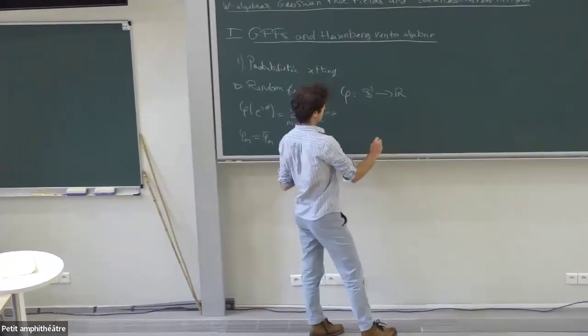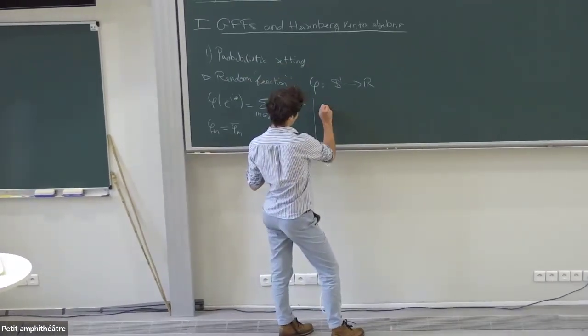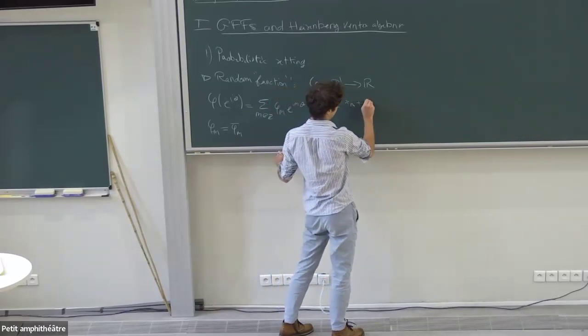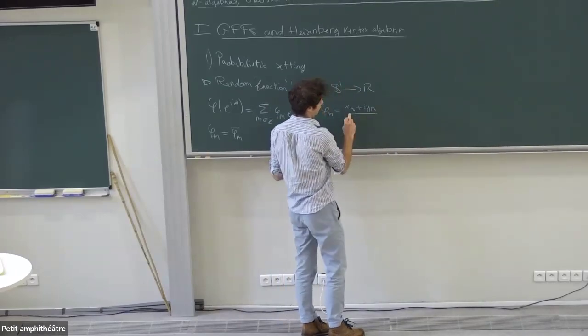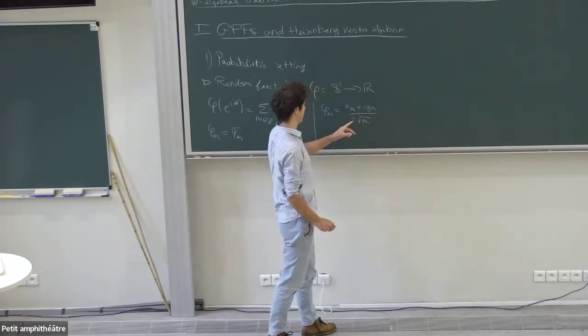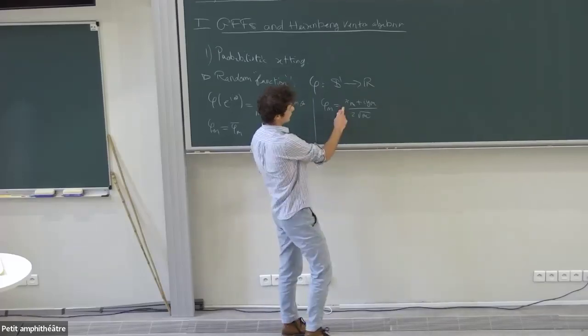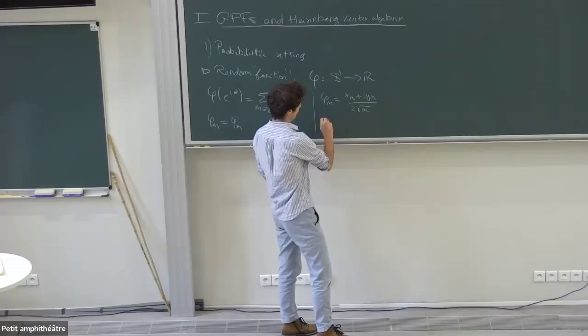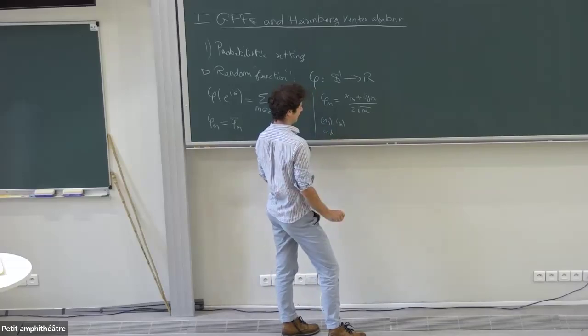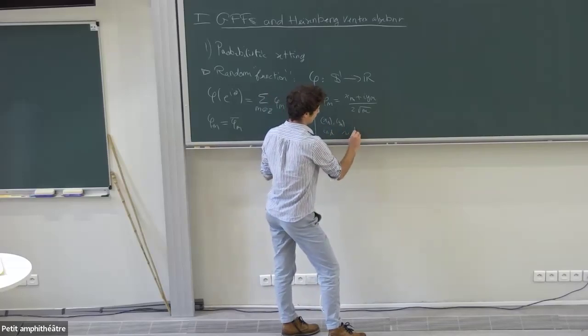The way I will sample them is very specific. Today I will assume that this phi n will be written in the following way, with real part and imaginary part. What are these x n and y n? They are two independent families of independent Gaussian random variables, the usual random variable.